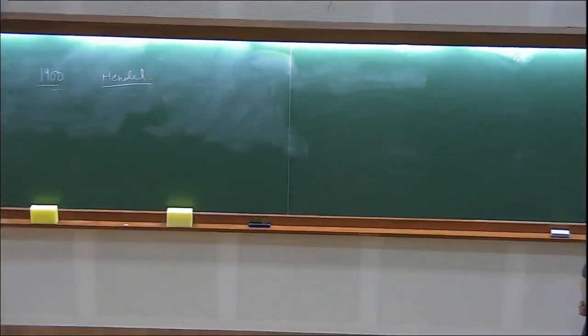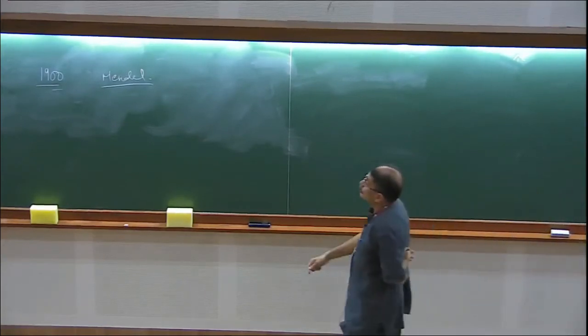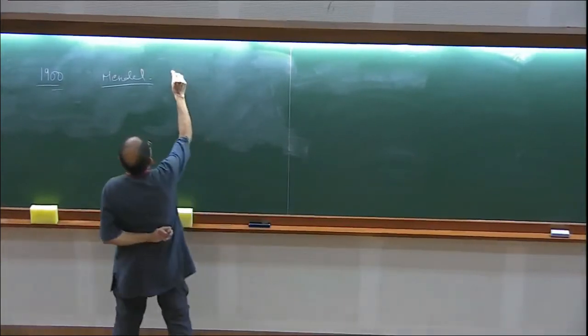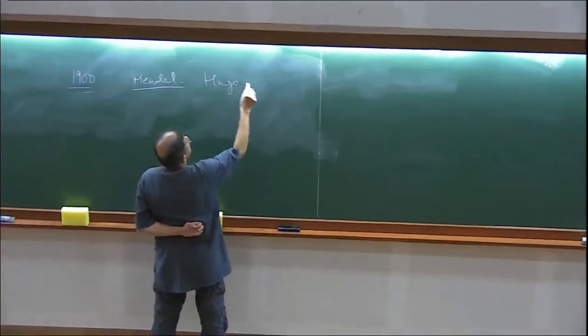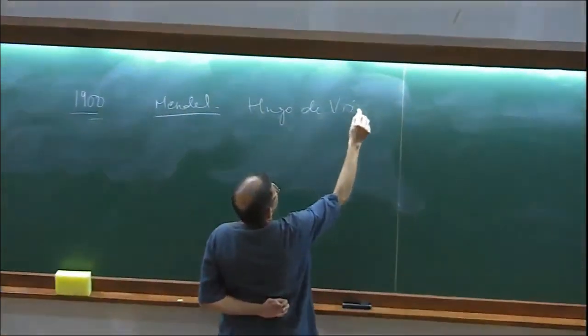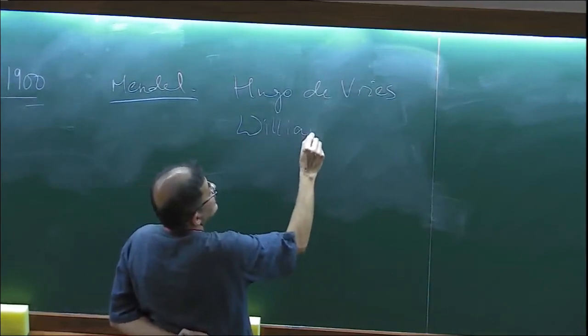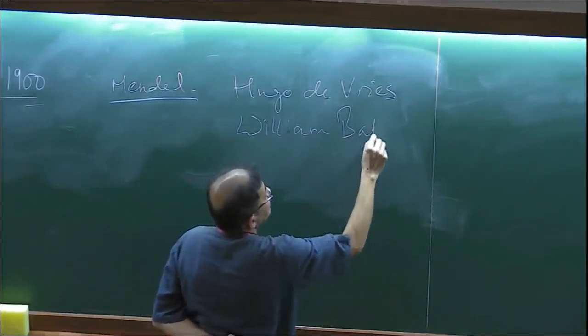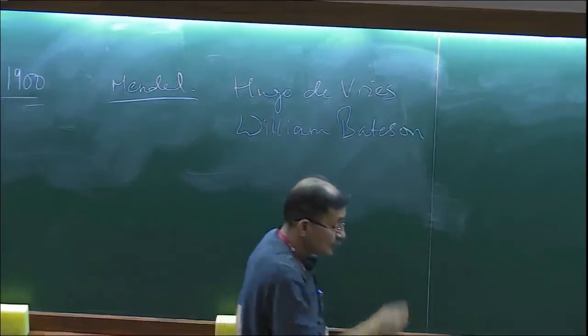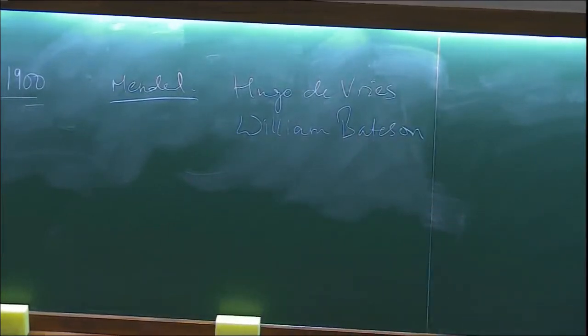So around this time, another view comes about, and the people really associated with this view are Hugo de Vries in the Netherlands, and particularly William Bateson in the UK. And there's a side and very tragic angle to this.